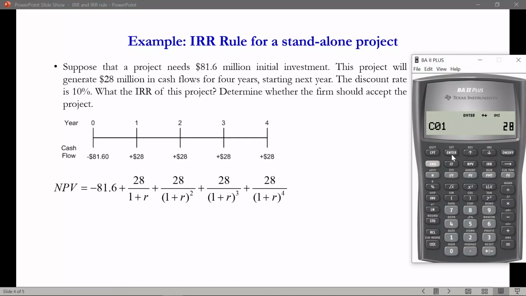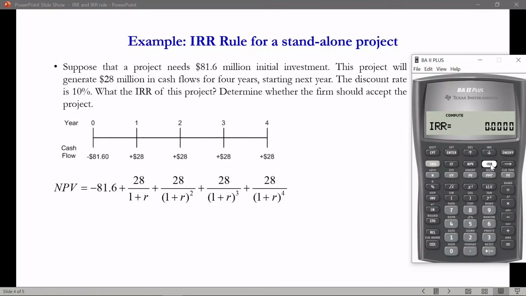Then I press enter, and here I'm going to skip the F01, or the frequency of cash flows. Then again, if I select the down arrow button one more time, I would see C02. I'm going to enter 28 as well, then enter, and skip again, and then the third cash flow, 28 again, and then the fourth cash flow. Okay, so now we are done.